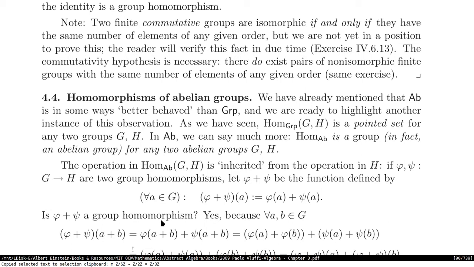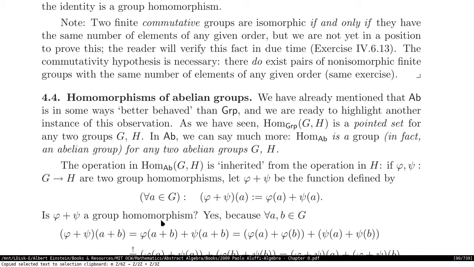They were saying this before, a pointed set containing the morphisms from the objects G and H. But in terms of abelian groups, the Hom set is itself not only a group, it's an abelian group containing morphisms from G to H. That's kind of interesting, isn't it?